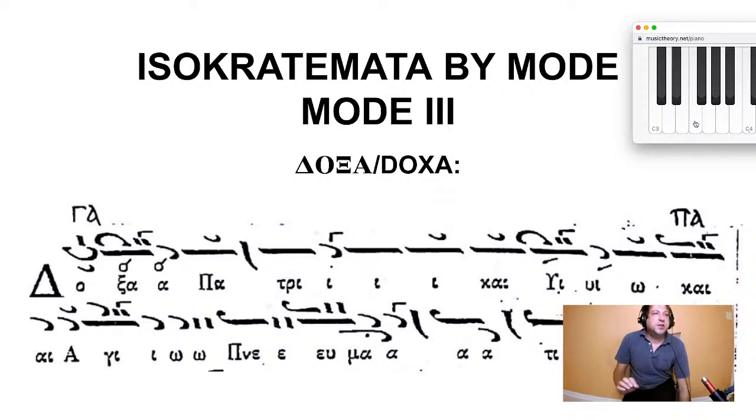So this whole mode sounds like this. Well, let's use the low ni just so you can get a feel for all three isokratima. No, no, lo, so, po, tri, ke, yo, ke.